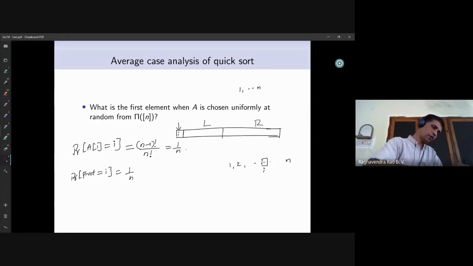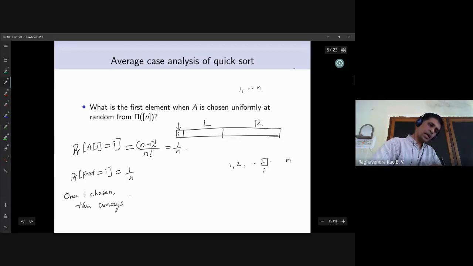So we need the following statement: once the first element is chosen, the arrays L and R are still random permutations.